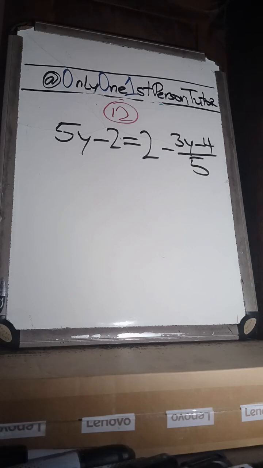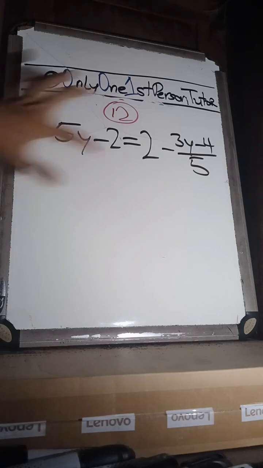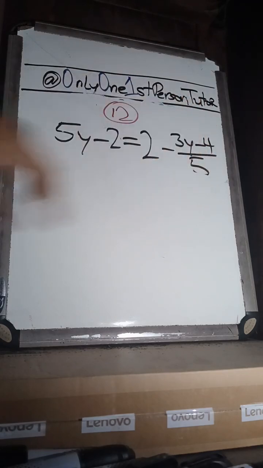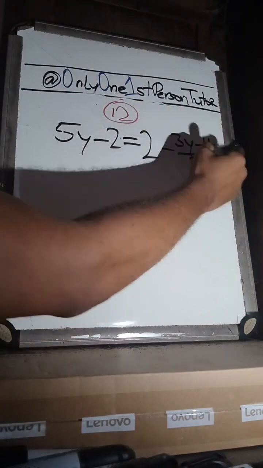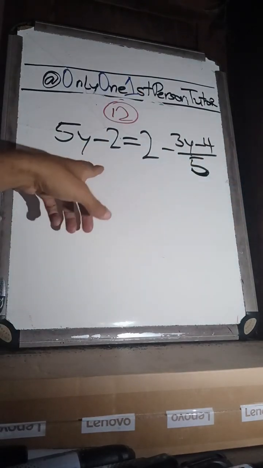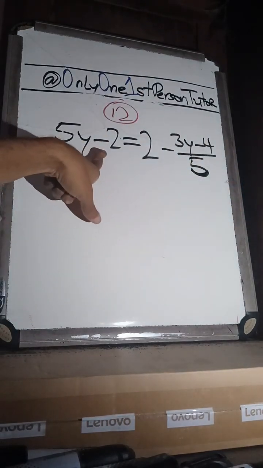Okay, but this is not too bad. You see, this will make life nice, right? This is a minus whatever this is over here, and this is a minus right here.